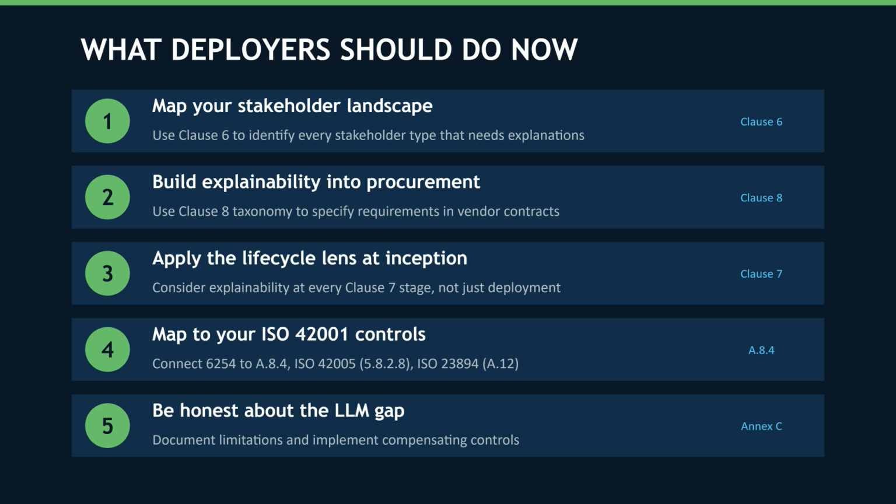So nobody else is really making these connections, which means you'll be ahead of the auditor. And number 5, be honest about the LLM gap. If you're deploying LLMs in high-risk contexts, document the explainability limitations, show that you've assessed the gap, identified the risks, and implemented compensating controls. An auditor will respect documented honesty over fabricated explanations.